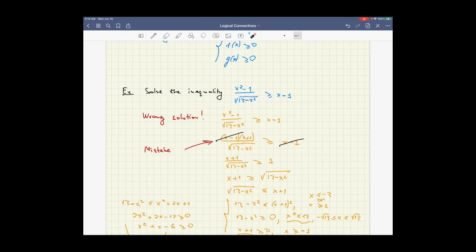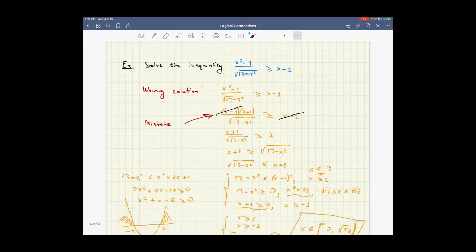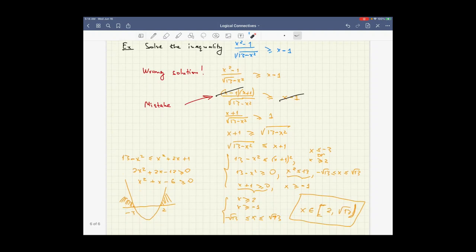I didn't flip the sign, but I never checked if dividing by x minus 1 was actually permissible. This is a very common mistake. So never divide, never cancel an inequality without checking first whether what you're canceling is positive or negative.